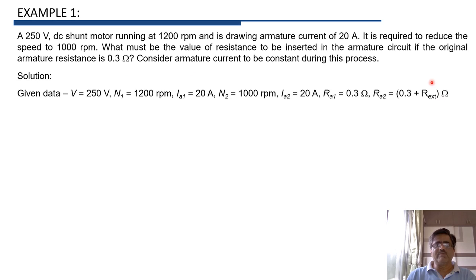So what should be the value of R external if the speed is to be reduced from 1200 to 1000 RPM? That we have to calculate.